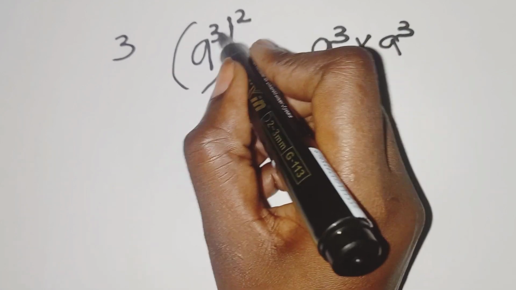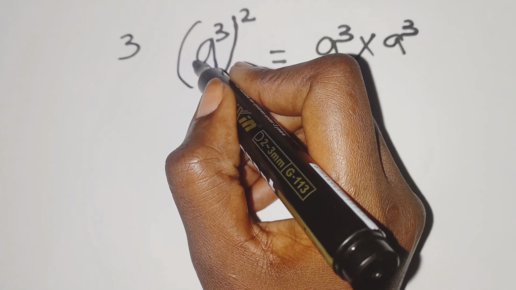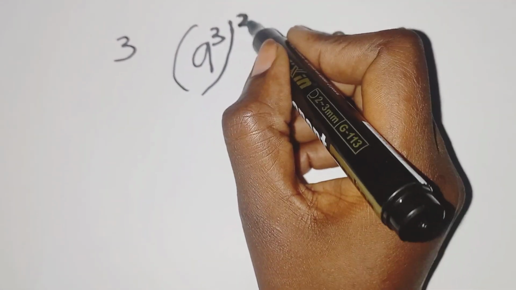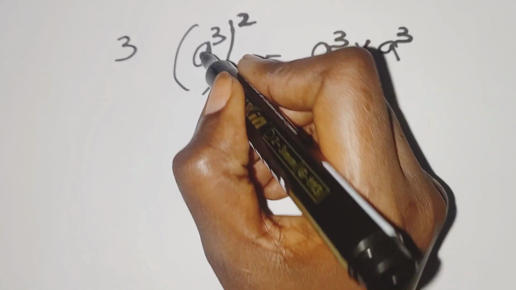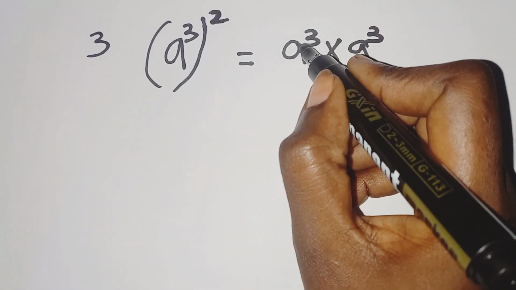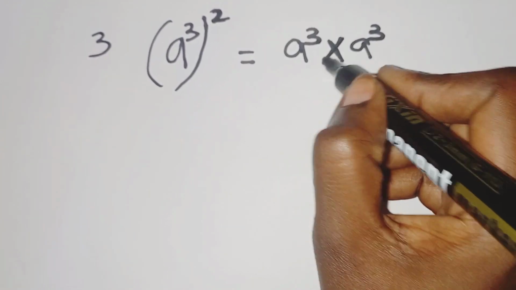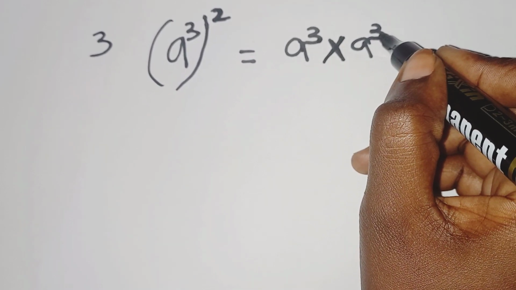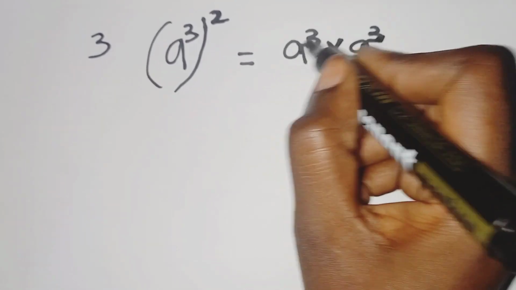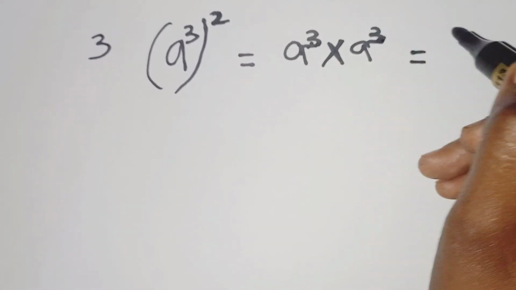You know that when you are squaring something, you are multiplying that number by itself, because the square here will mean that you are multiplying that number by itself once. Now, if you have a raised to power 3 times a raised to power 3, if you add the indices here, 3 plus 3 is 6.